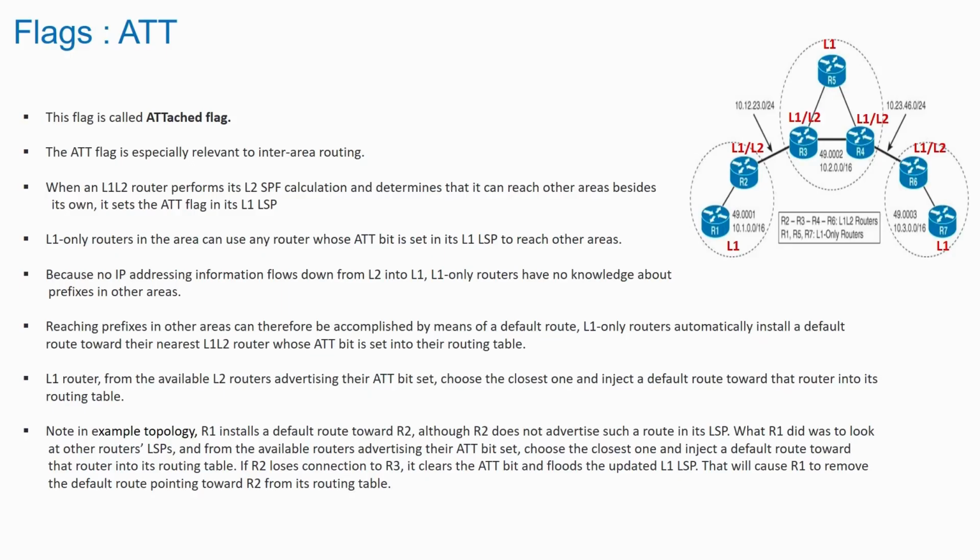If R2 loses its connection to R3, it clears the attached bit and floods the updated L1 LSP. That will cause R1 to remove the default route pointing towards R2 from its routing table. We will learn more about this attached flag when we see the lab demonstration.